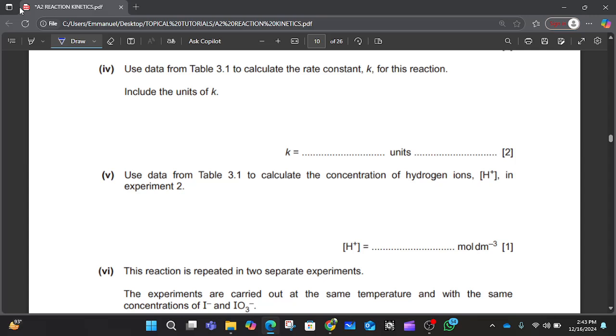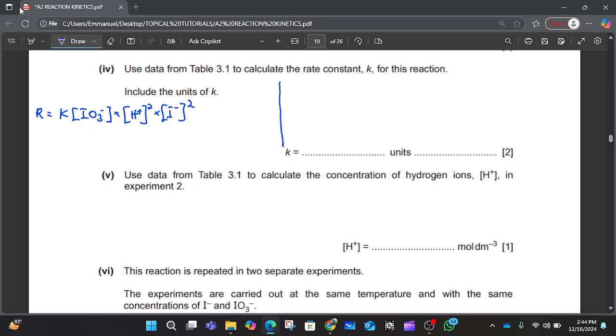Part iv: Use data from table 3.1 to calculate the rate constant k for this reaction. Include the unit of k. The rate equation given in the question is rate equals k times the concentration of IO3 minus, first order, times the concentration of H plus squared times the concentration of I minus squared.